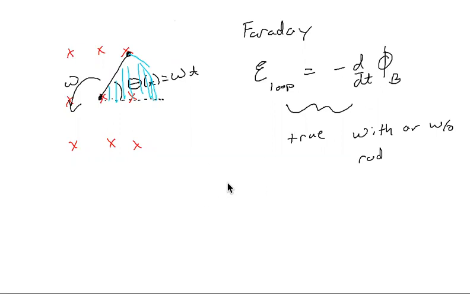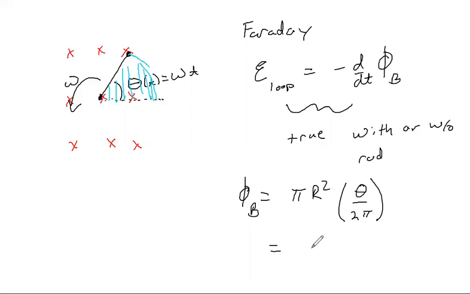So let's work out, what is the flux through this sort of pizza slice? Well, that's given by the fraction of the circle which the rod swings out in this time t. So the magnetic flux is going to be pi r squared, that'd be the full circle, and then we only have an angle theta, so we only want the fraction theta over 2 pi.